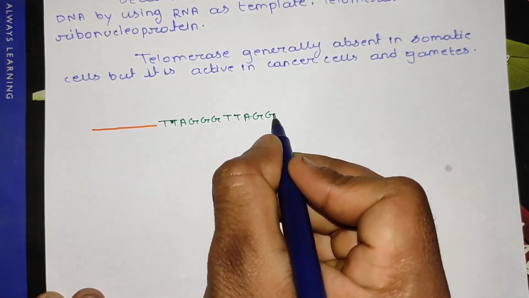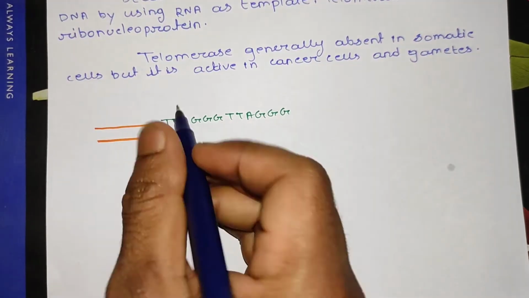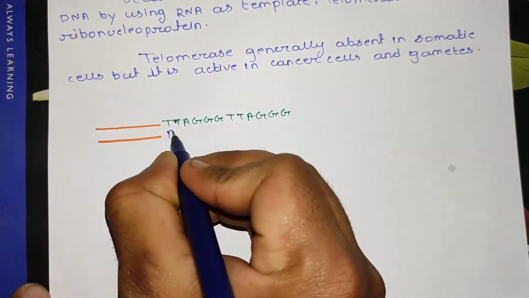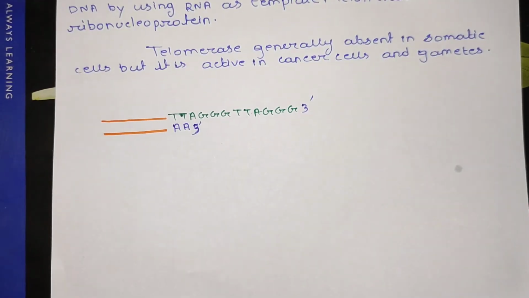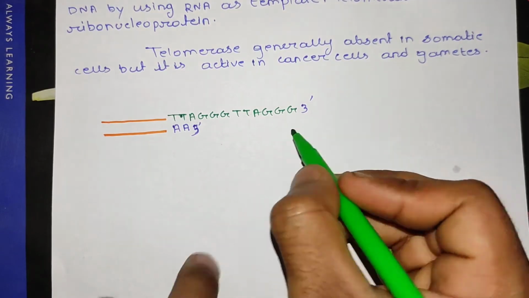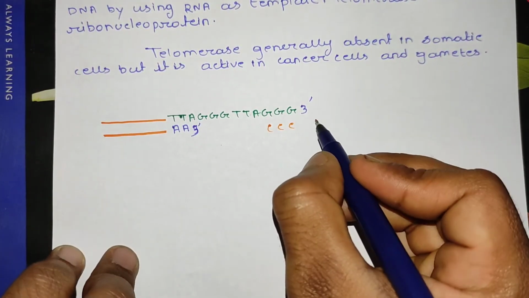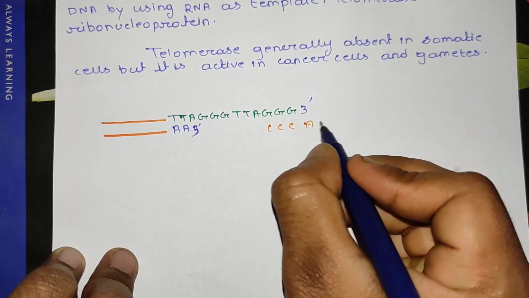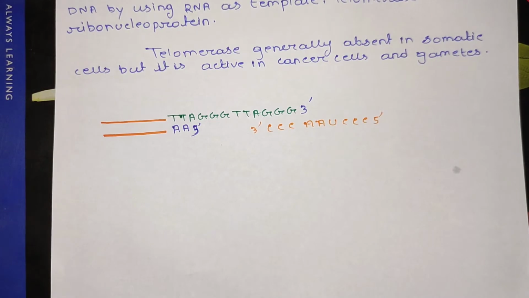So this is the 3' end of a DNA, after removal of the primer. As you can see from the Okazaki fragment, there is a gap region, and we have to maintain this region. So this is the RNA of the telomerase enzyme. Telomerase contains RNA.